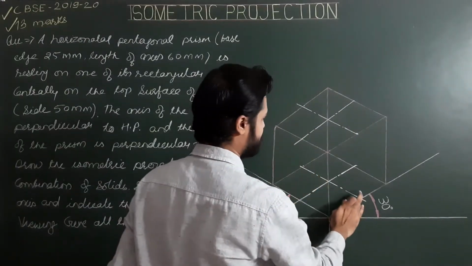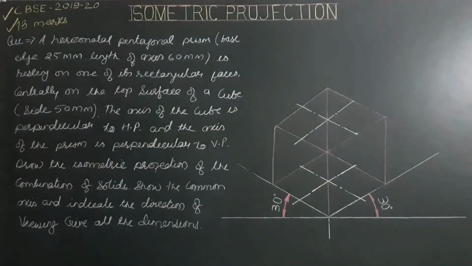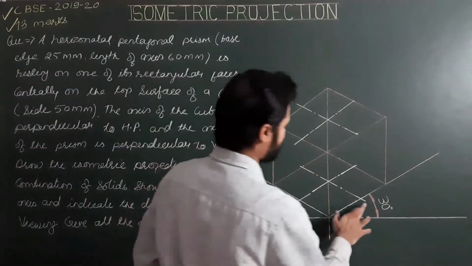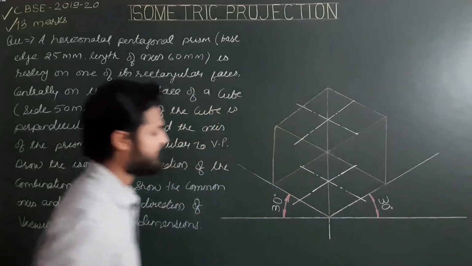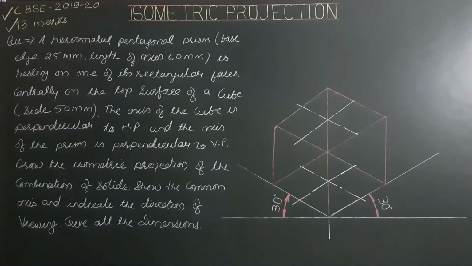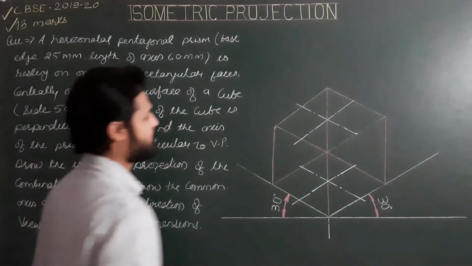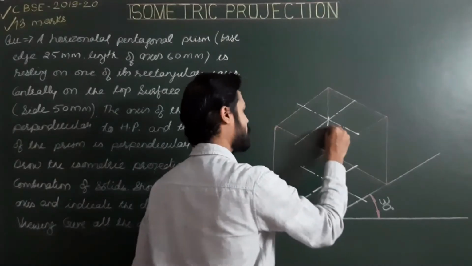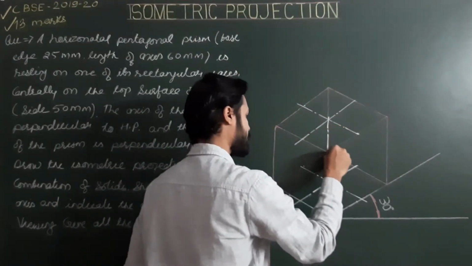Fine. Now from these 2 points, drawing the solid axis of the cube.